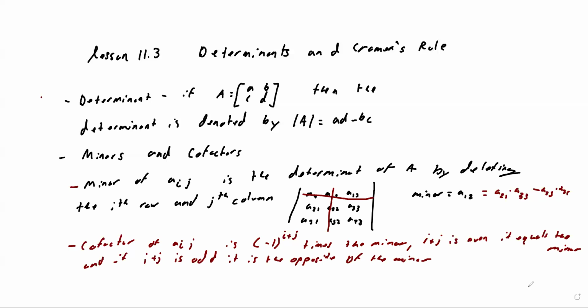All right, so to use the minors and cofactors to find the determinant of an n by n matrix, you basically take what I just did.